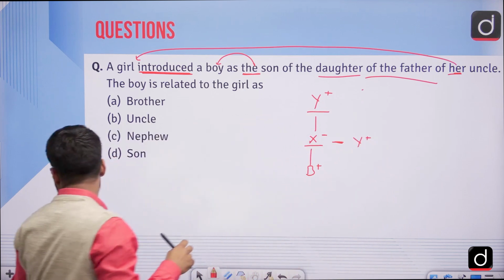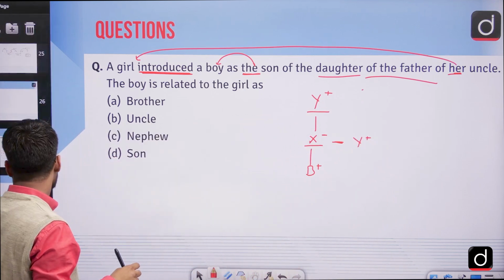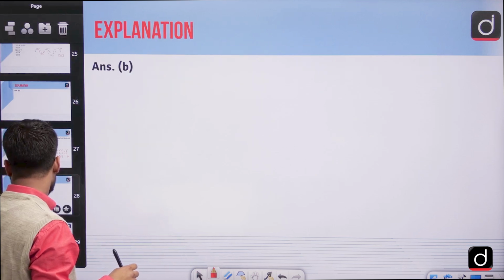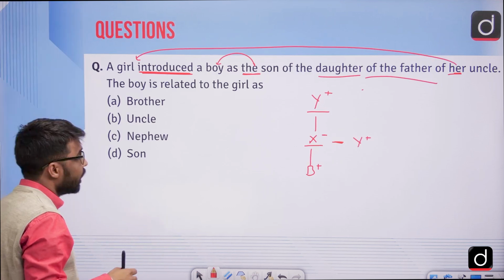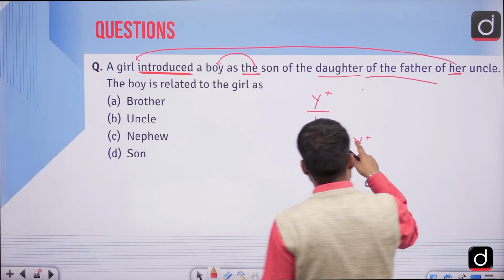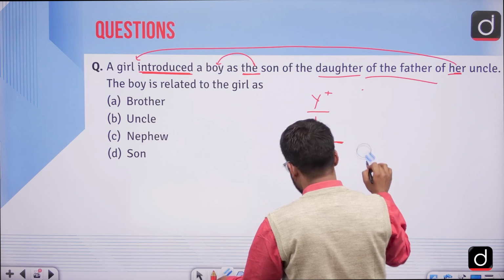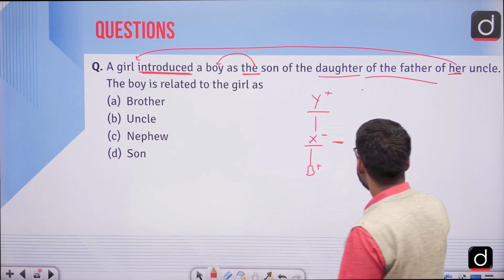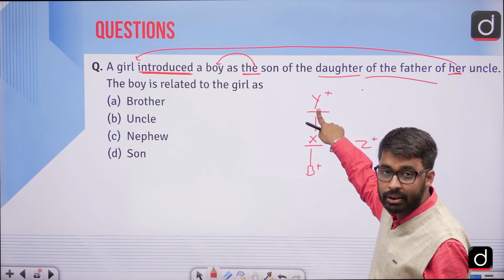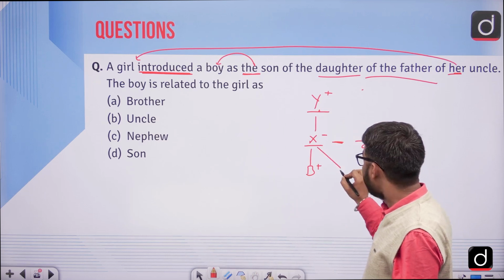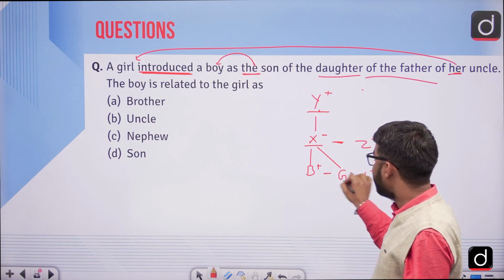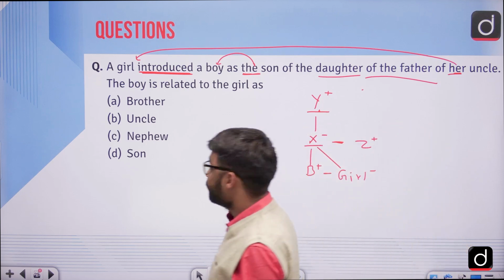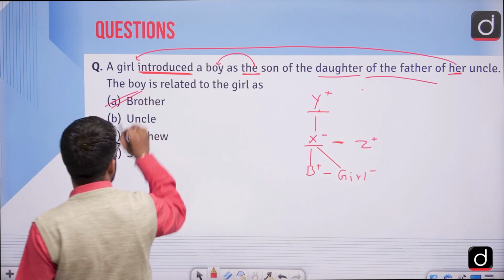So my question was here, how is the boy related to the girl? I have shown you the answer, right? It would be brother, because it is but natural that father of her uncle, let's call her uncle Z, would be the father. And now if this girl is X's daughter, then the boy and the girl are going to be brother and sister. So the boy is related to the girl as brother.